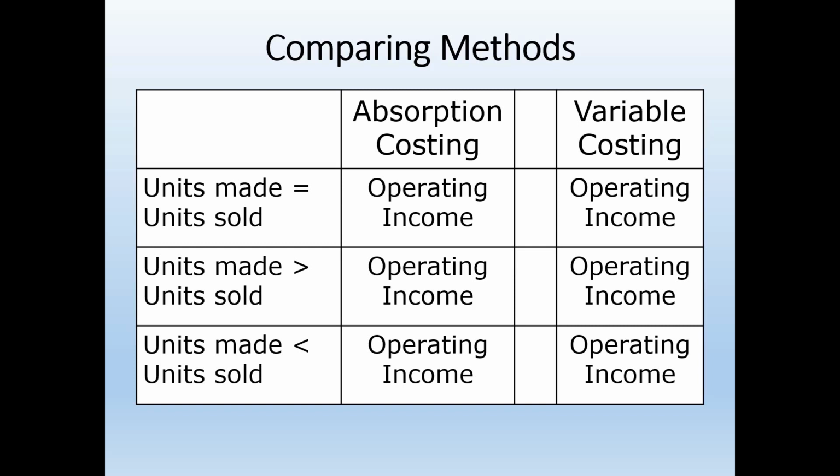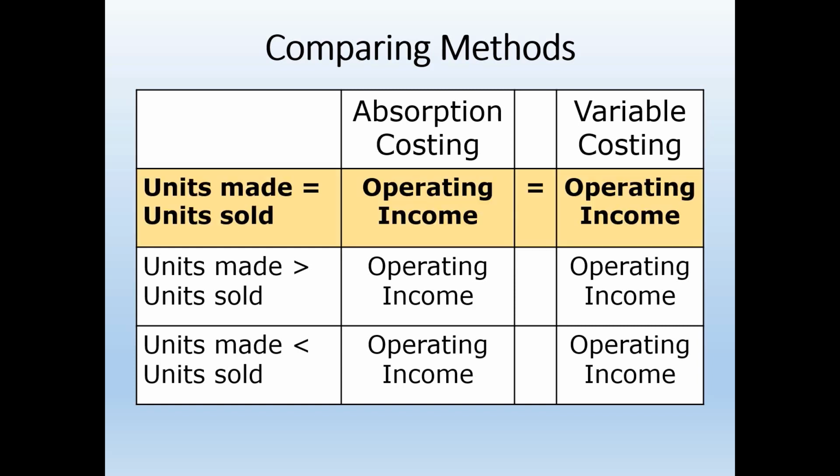and December, we figured out that whenever the number of units made equals the number of units sold, operating income will be the same under both methods.